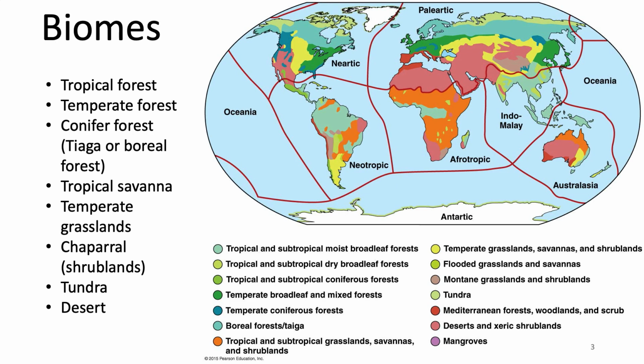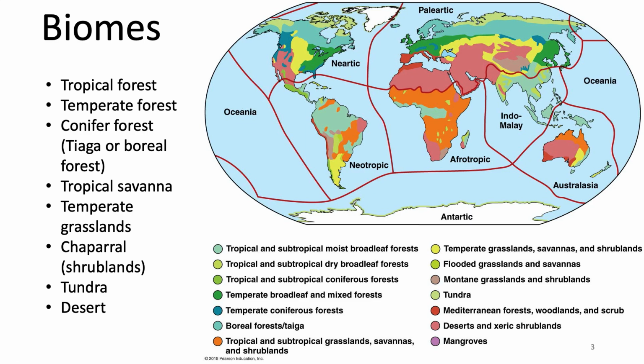So, biomes, the use of biomes for classification, is an approach for combining the broad-scale distribution of plants and associated animals into a single classification system. And the 8 that we're going to talk about today are classified according to the predominant plant types that occur there.